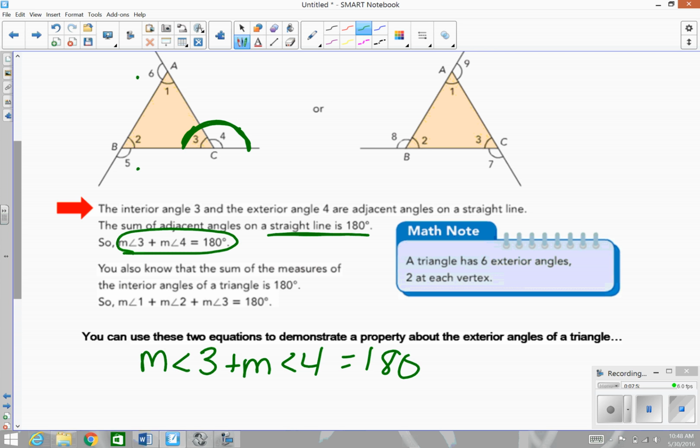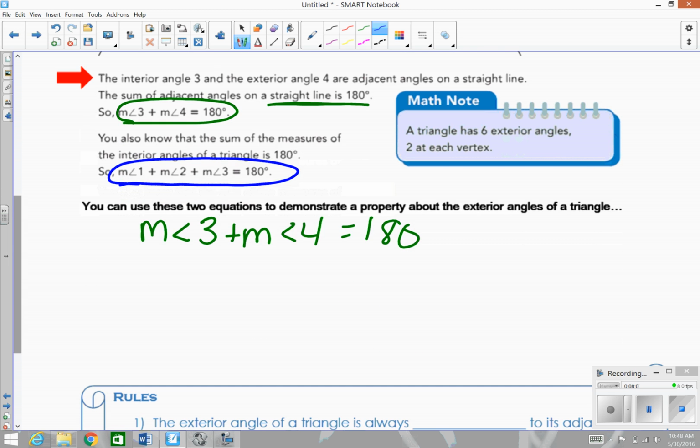We also know that angles 1 plus 2 plus 3 must add up to 180 because they're the 3 interior angles of a triangle. That's what we just learned moments ago. So let's jot that down: angle 3 plus angle 2 plus angle 1 equals 180.